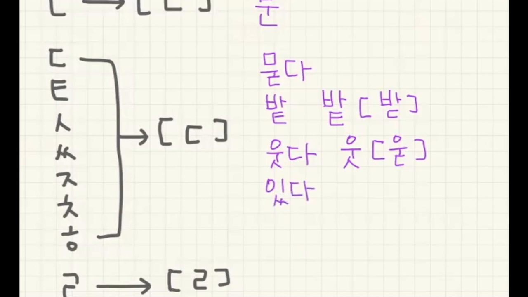Can you read this one? E, double s. But it makes the sound of d. So, 있다. Can you make the sound of this one? 나.